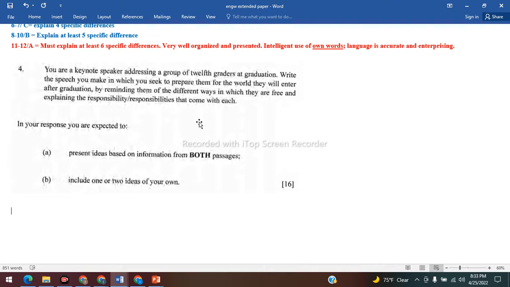So what ideas could we learn from passage 2 about being free? Passage 2 talked about technology. Something I would add about technology is a warning, like how technology could be bad in some ways.